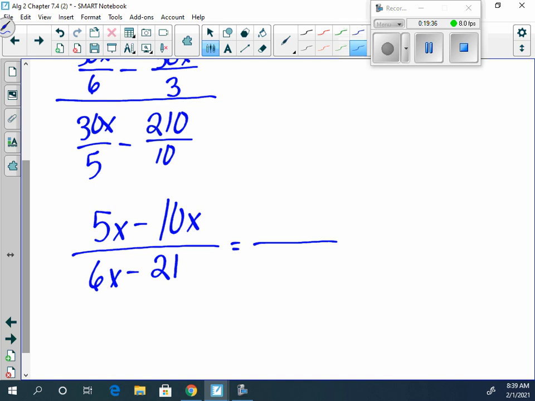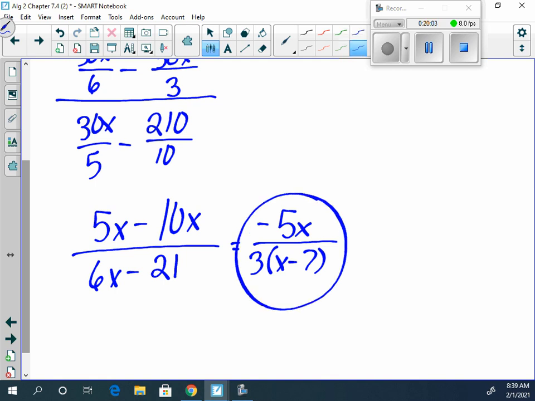So let's see here. The numerator is 5x minus 10x would be negative 5x. Well, 6x minus 21, we can't combine those, but there is a greatest common factor of 3. We can pull that out, leaving us with 3 times x minus 7.